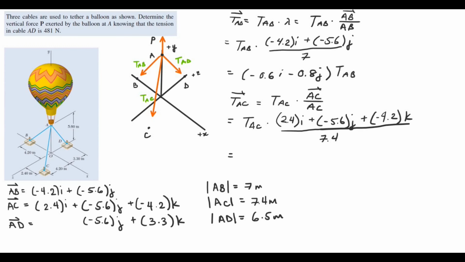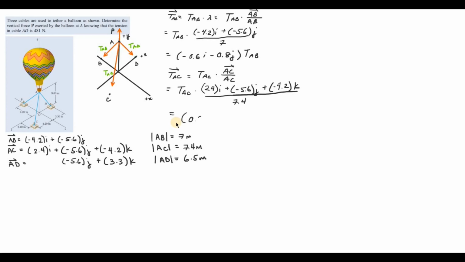Simplifying this, this is equal to 0.324i minus 0.757j minus 0.568k times tension AC.